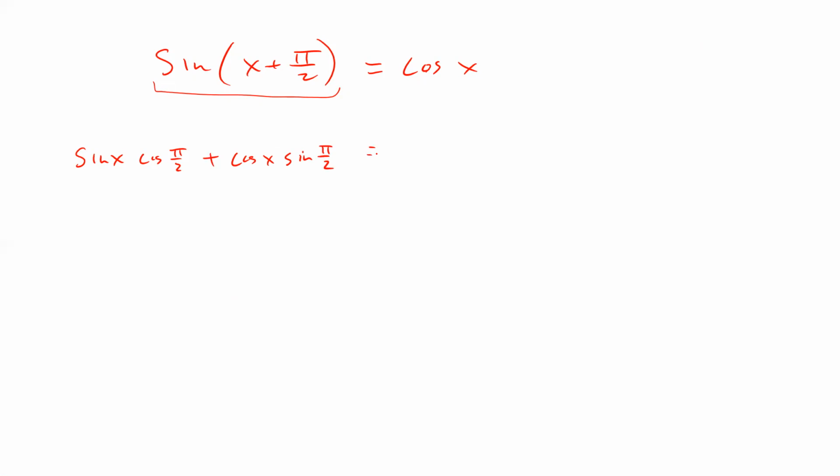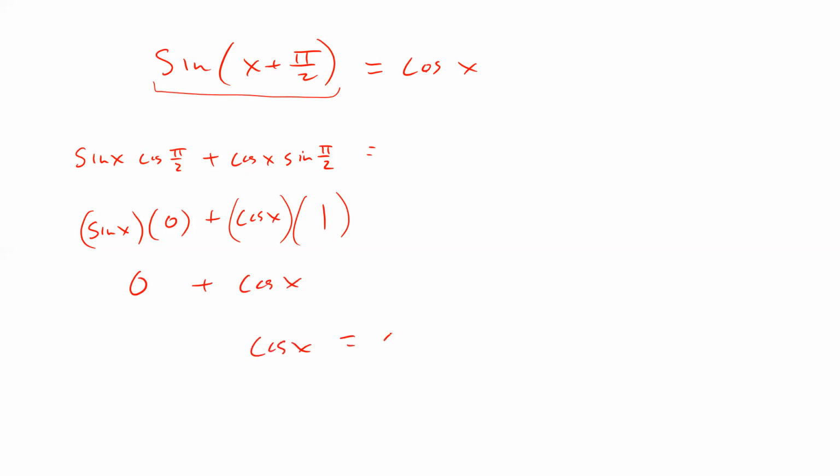We have that on our hands. Anybody, cosine of pi over 2? Not pi over 4. Oh, wait, 0. 0. This would be cosine of x, and then I need sine of pi over 2. 1. That becomes 0. That becomes cosine of x, and now we have this right here.